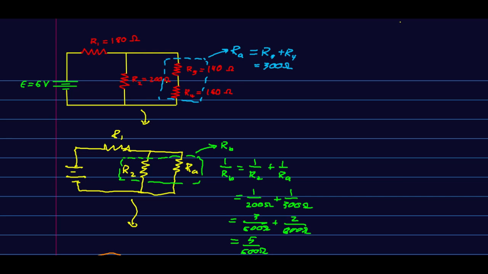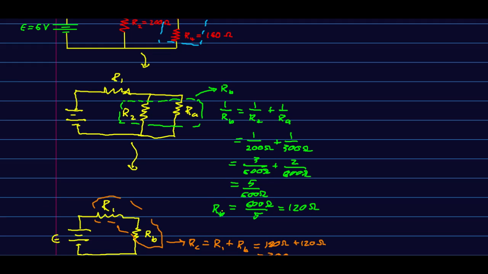When I reduced R2 and RA, which were 300 ohms and 200 ohms, I got an equivalent resistance that I called RB, which turned out to be 120 ohms. And so note we had the 200 ohm and the 300 ohm result in a 120 ohm, which was smaller. And this is always the case. Whenever you have parallel resistances, the equivalent resistance is always smaller.